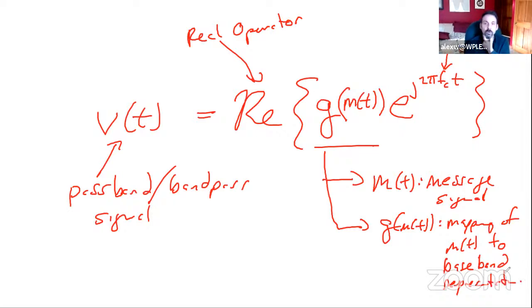This is very important. The notation means that m(t) is some form of information. In this course we're going to look at, first of all, analog messages: amplitude modulation, AM, like AM radio, and FM, FM radio is a good example. There's also phase modulation and vestigial sideband.